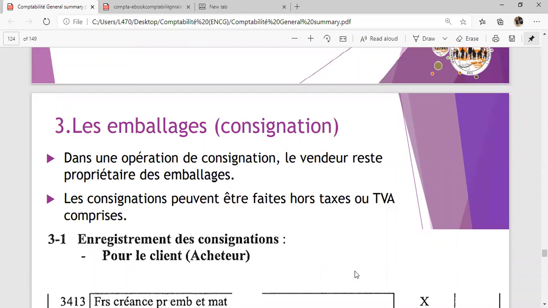Those we used to exchange for a new refilled bottle. Another example would be a glass bottle of Coca-Cola, a breakable bottle. When going to buy another bottle of Coca-Cola, we return that one and they give us a new bottle of Coca-Cola which is refilled.